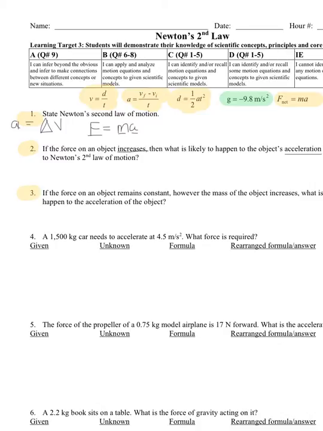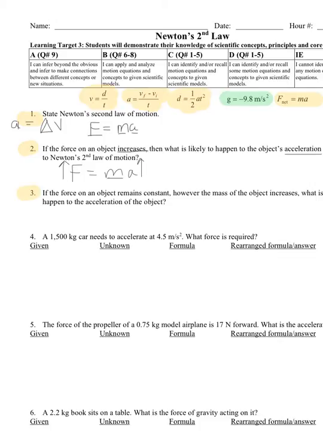And that reasoning right there does hold, especially in light of the fact that if we say that F equals MA, then if our F increases and our M stays the same, then our A must increase proportionally.